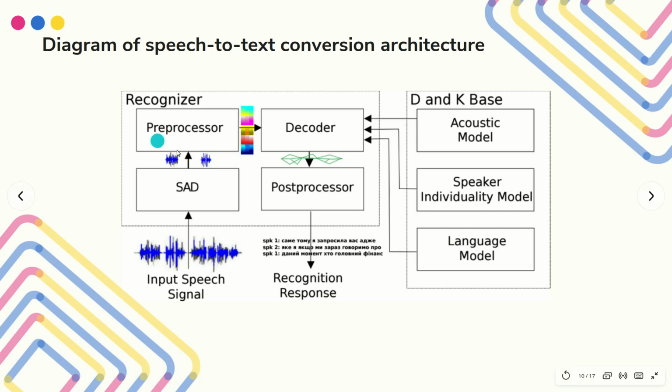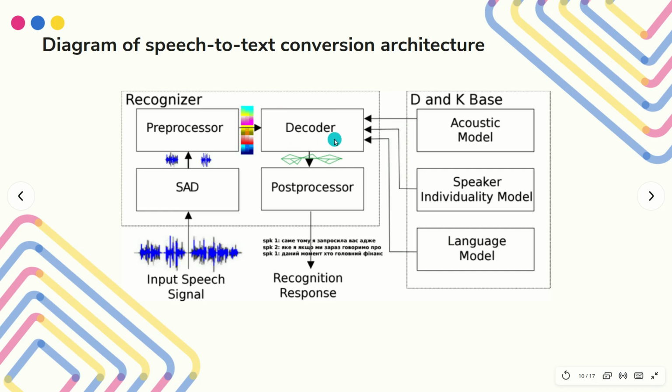Then the preprocessor extracts features. Each 10 millisecond feature is produced and processed by the decoder. The decoder is the heart of the system.